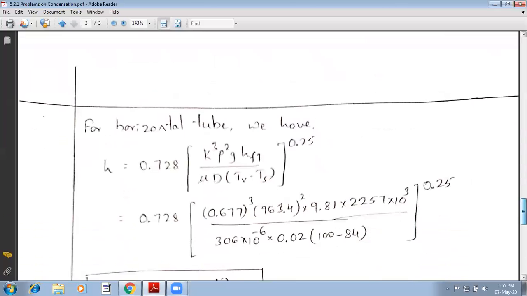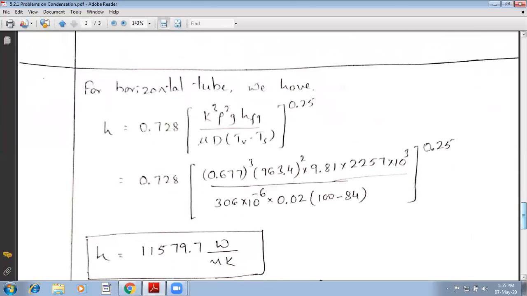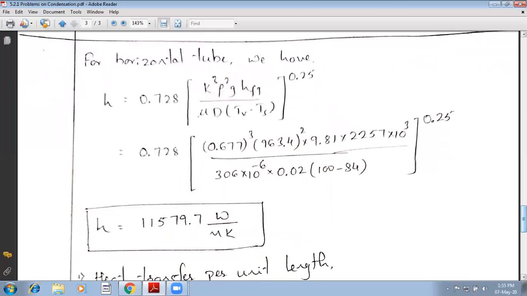Again, for a horizontal tube, if you look into the heat transfer data handbook under film condensation, you have h is equal to 0.728 k cubed, rho squared, g into hfg divided by mu into D, where D is the diameter, into (Tv minus Ts) whole to the power 0.25, all to the power one-fourth.